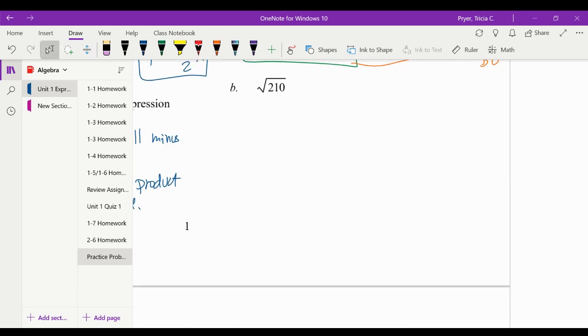Okay, letter B. We're doing the radical, the estimate square root of 210. So again, I want to figure out which 2 perfect squares are around 210. Well, let's see, 100 is 10 squared. 144 is 12 squared. 225 is 15 squared.